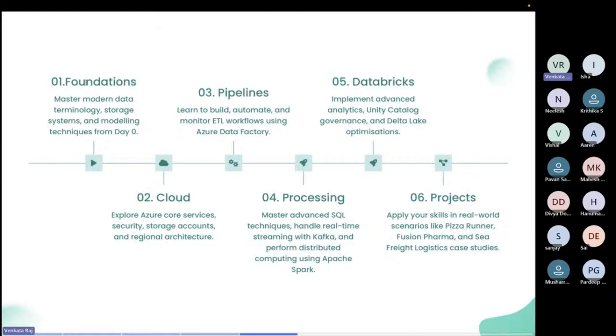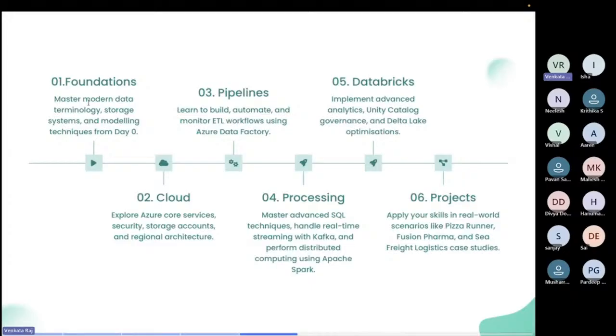So if I have to categorize or define our course in six main high-level topics, these are those six topics, guys. We are going to start with foundations from day zero. I'm going to show what foundations means in a moment.